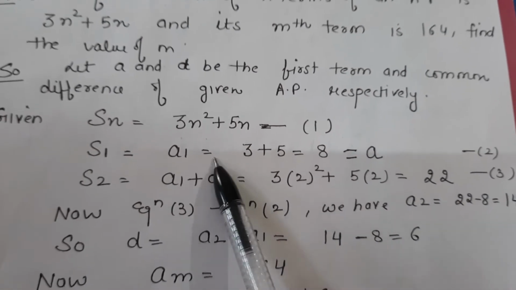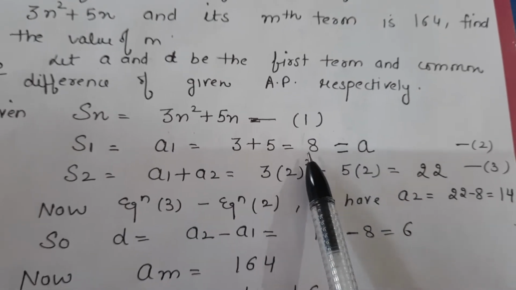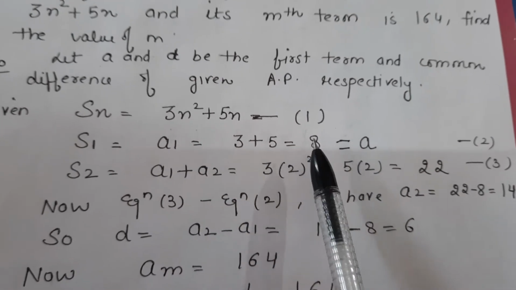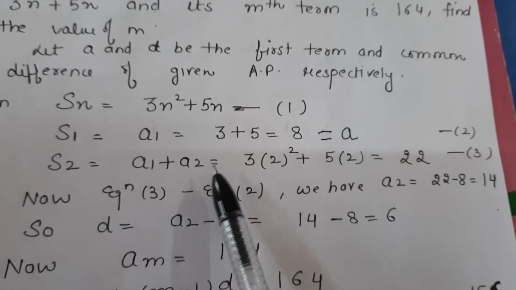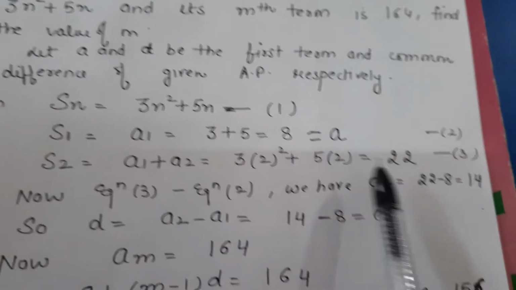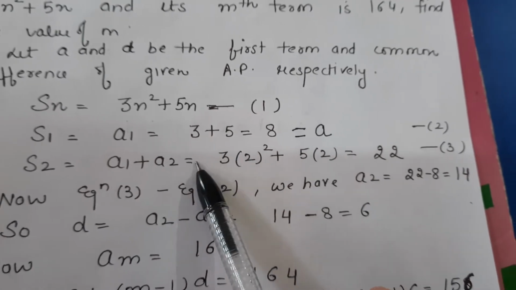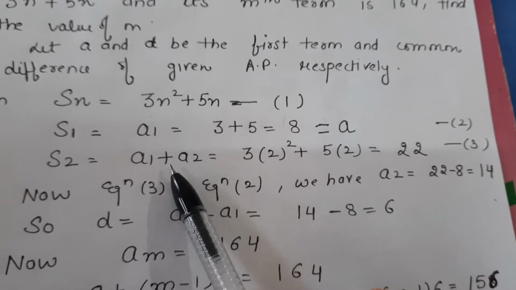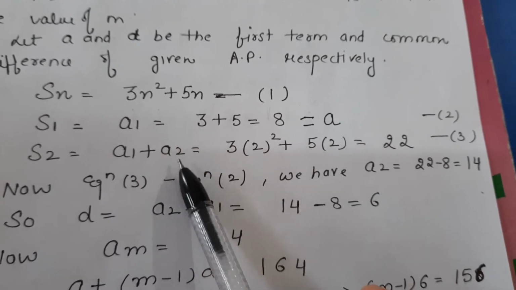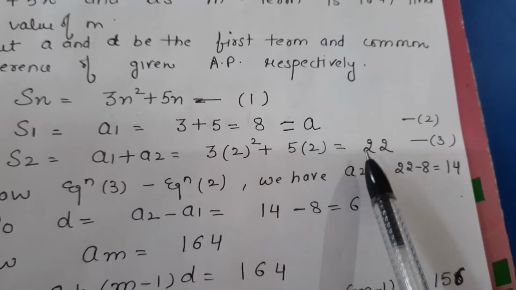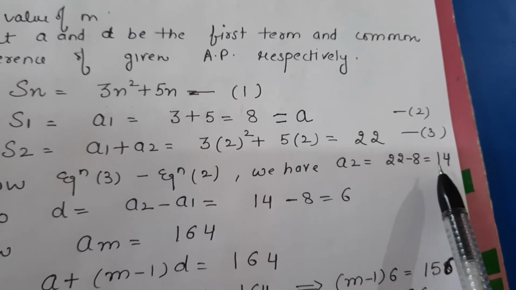Now, from here, A1 is 8 and A1 plus A2 is 22. If you subtract equation 3 minus 2, A1 will be cancelled. You will have A2 is equal to 22 minus 8, that is 14.